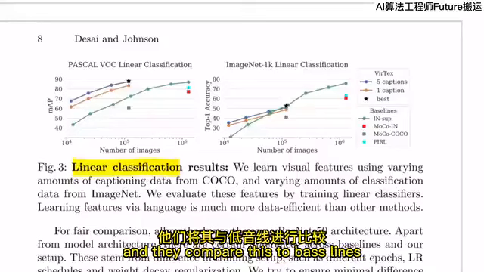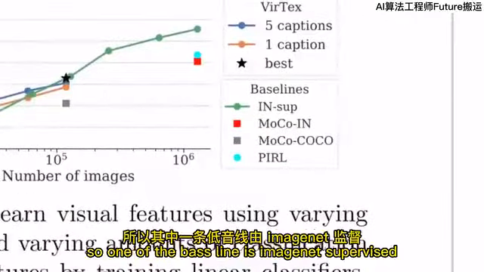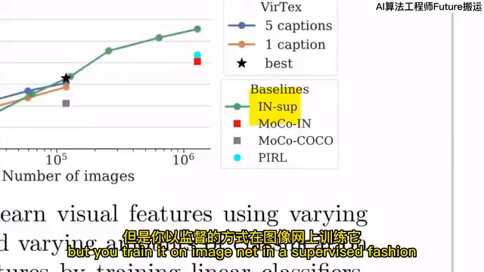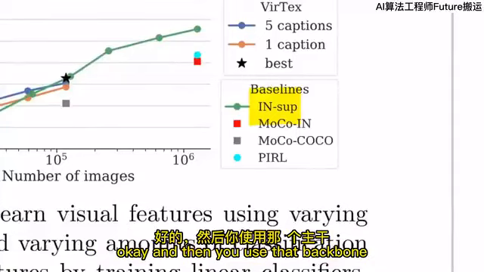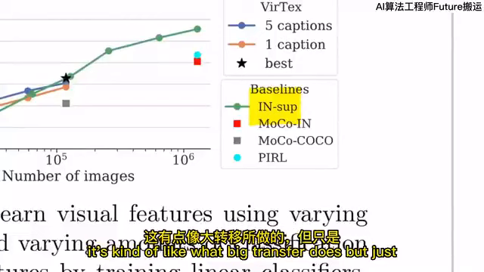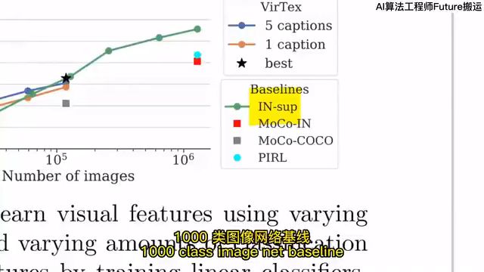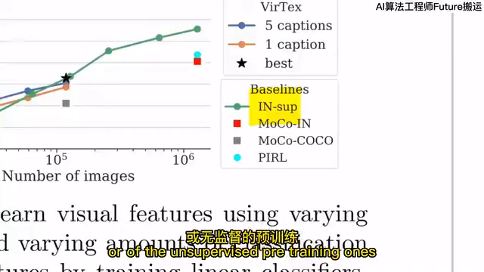And they compare this to baselines. One of the baselines is ImageNet supervised, where you use the same backbone, but you train it on ImageNet in a supervised fashion. Okay, and then you use that backbone to transfer to the task. It's kind of like what Big Transfer does, but just on the regular 1000 class ImageNet. Then you have the unsupervised pre-training ones.